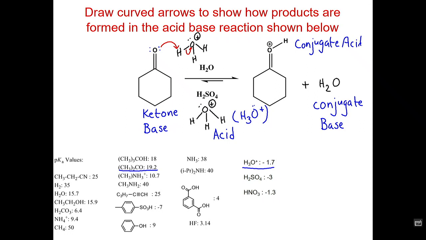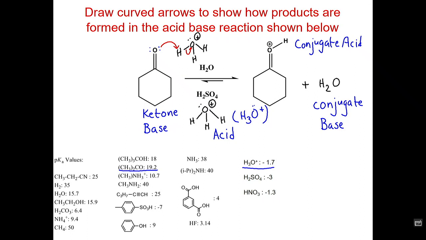This is often a first step of a multi-step reaction that you will learn later. So you're just trying to show, if that carbonyl was protonated, what was the actual reagent that was protonating it.